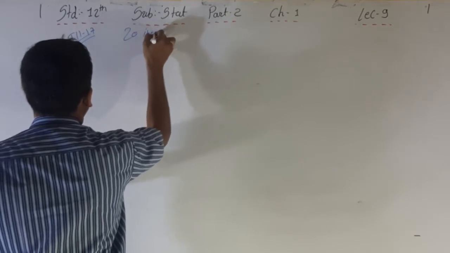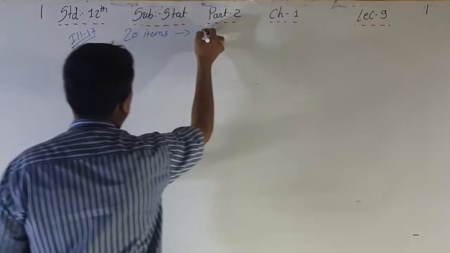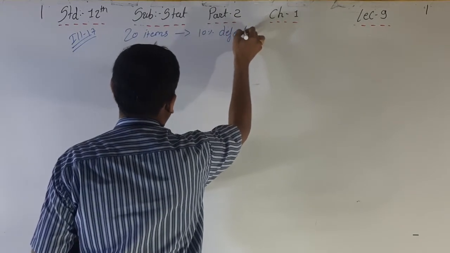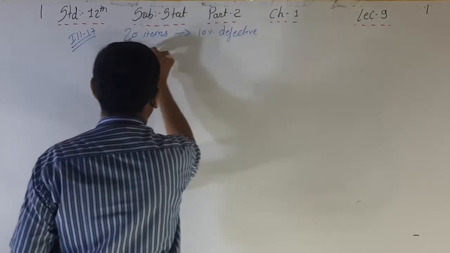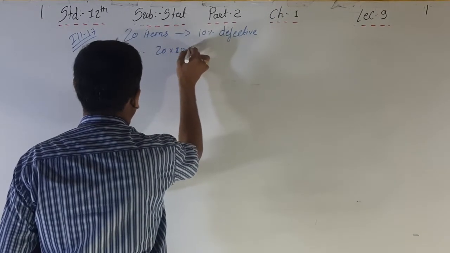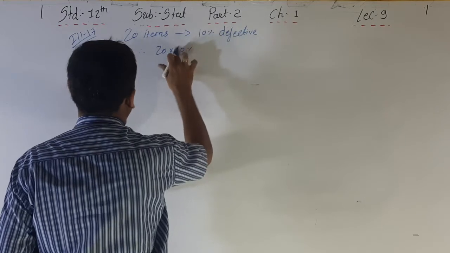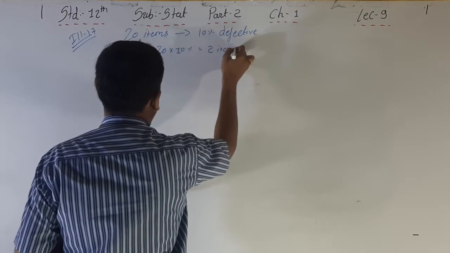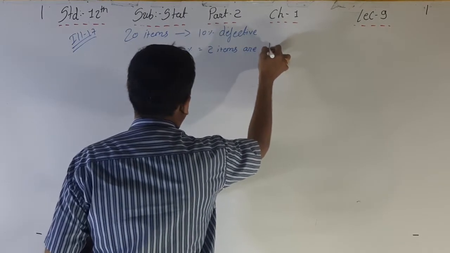Twenty items. From that, 10% defective. Therefore, 20 into 10% is equal to 2 items are defective.